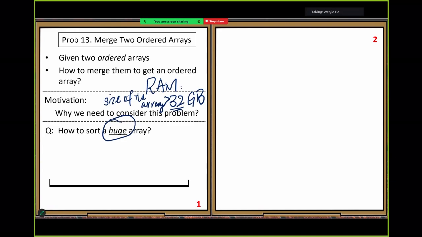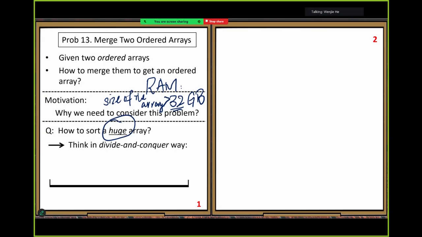Can we divide our original data into smaller subarrays? Then we conquer: for each smaller subarray, we sort it. Conquer here means we sort the subarray. Each subarray, we can sort it.